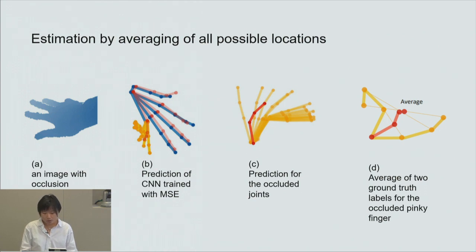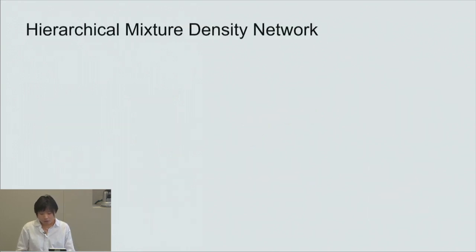So what should we do? For the visible joints, we have only one joint location, but for the occluded one, we have multiple locations. So we can think of modeling these two cases by different models or different laws. So we propose to solve this problem by a two-level hierarchy.